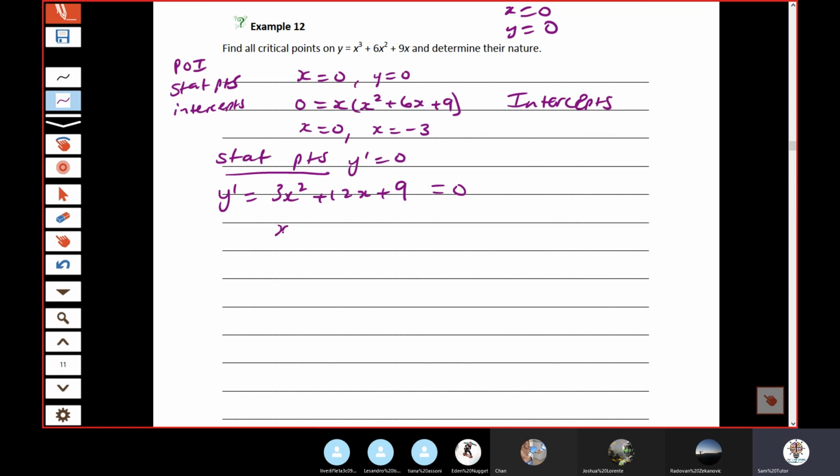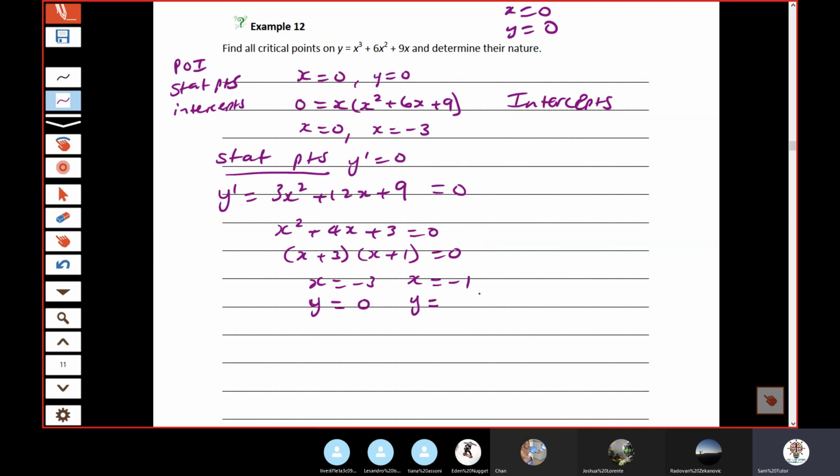Divide everything by 3. x plus 3, x plus 1, x equals -3, x equals -1. We already know if we sub in -3, didn't we just say that it's an intercept? So we already know that y equals 0 there, but if you sub it in, you'll still get y equals 0.